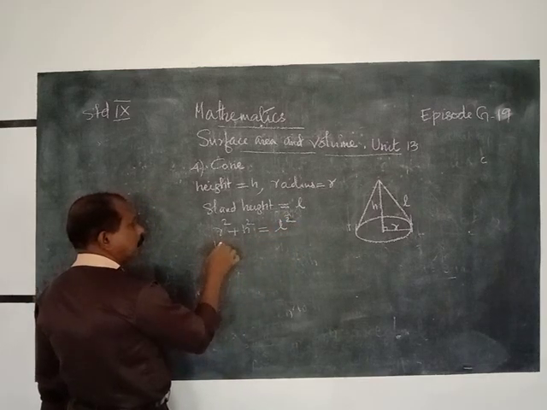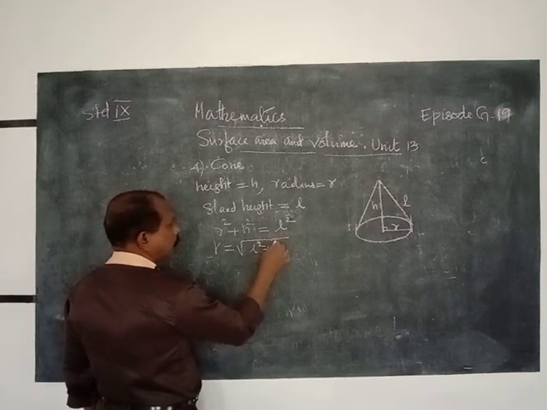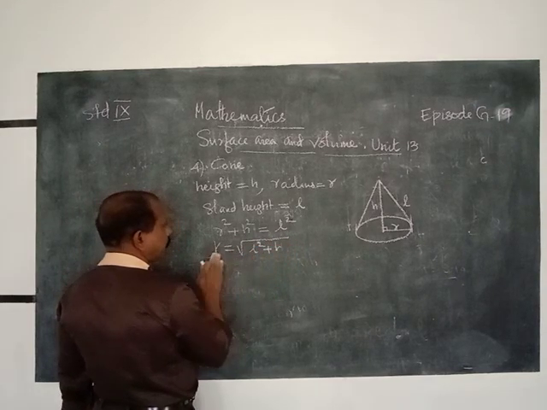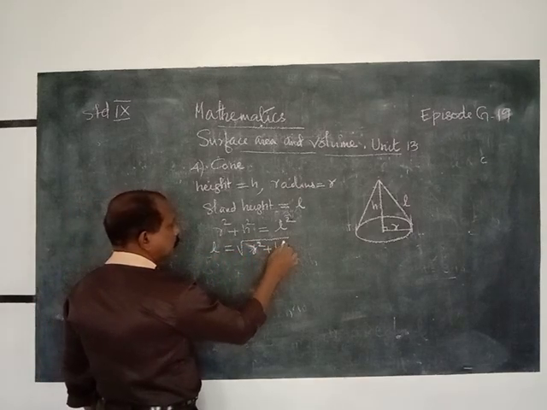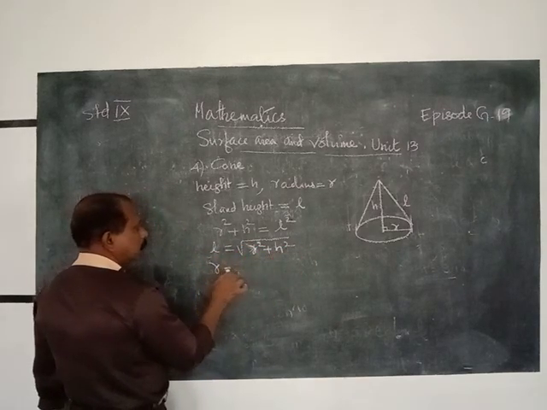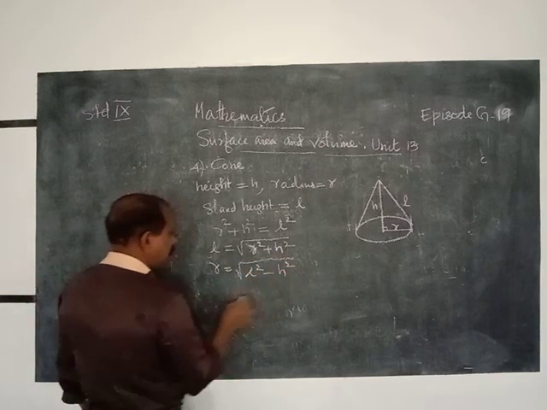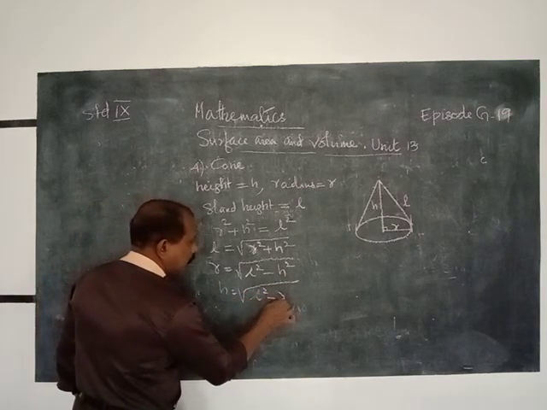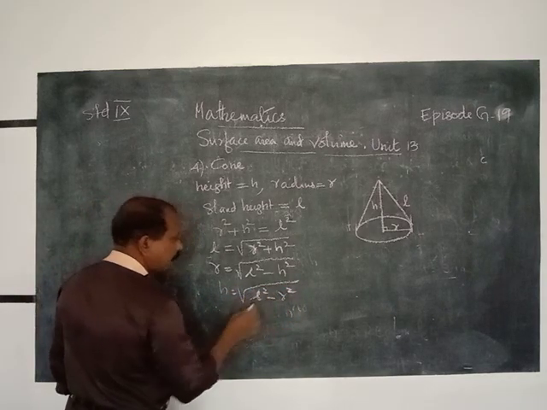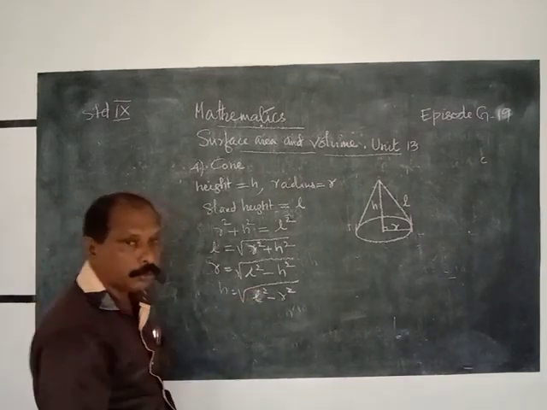Then l is equal to root of r square plus h square. r is equal to root of l square minus h square. h is equal to root of l square minus r square. That is the height of the cone.